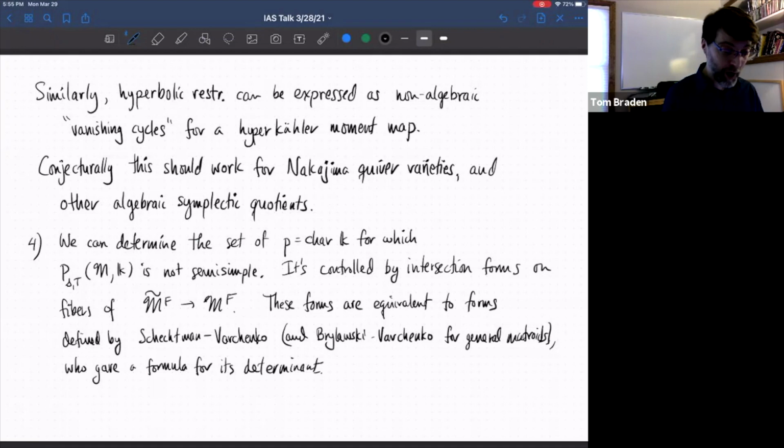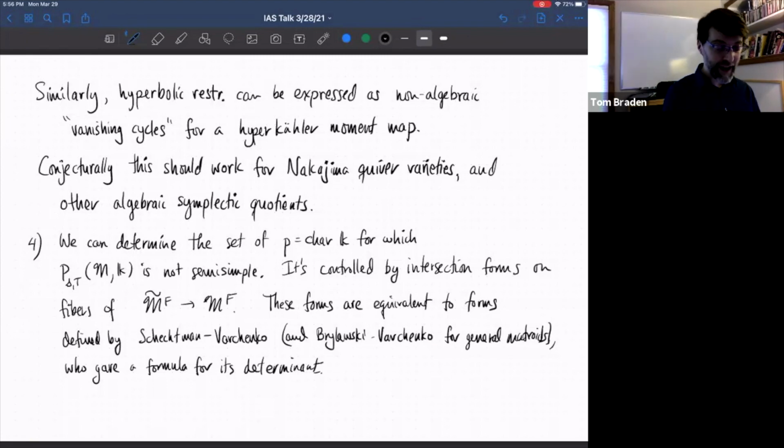One more remark is that the set of primes for which this category is not semi-simple is nice and easy to determine. Turns out that the intersection forms on the fibers, which are what govern the semi-simplicity of this category, are equivalent to forms that were previously considered by Schechtman and Varchenko and generalized to any matroid by Brylawski and Varchenko.